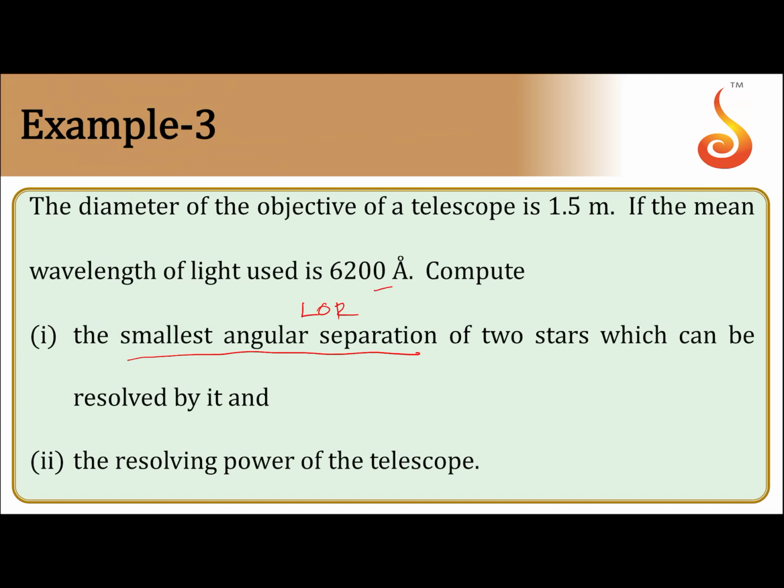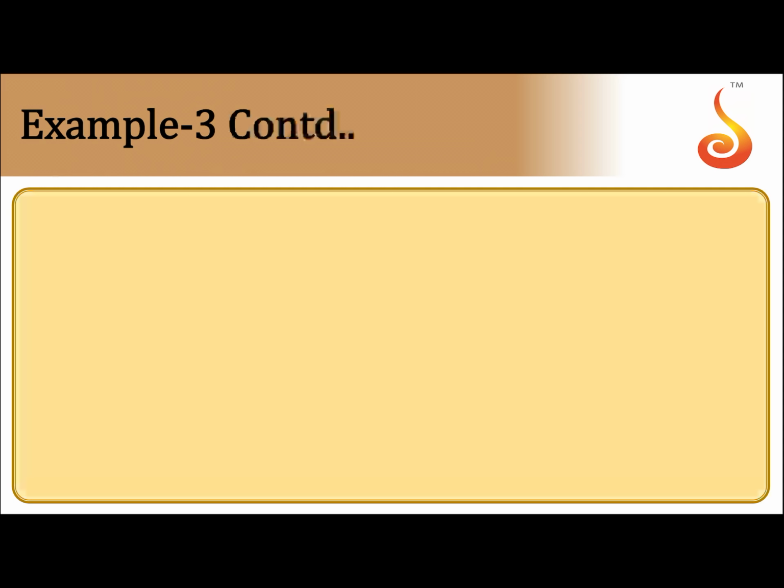So, it is limit of resolution that you have to find. Wavelength is given, and telescope objective size is given. So, what can you write? First, minimum angular separation d theta is equal to 1.22 lambda divided by d, or we consider it to be a, whatever it is. d is the diameter of the aperture.